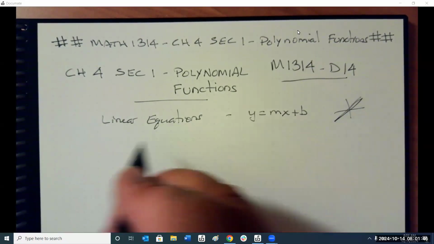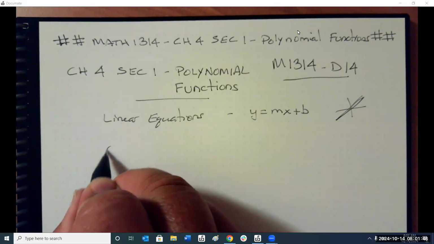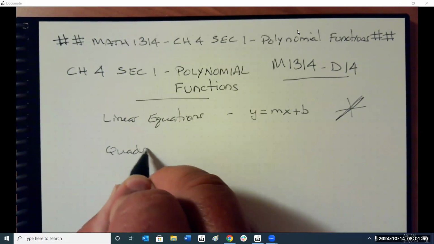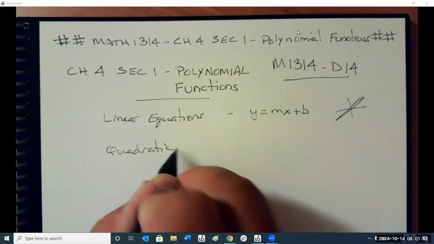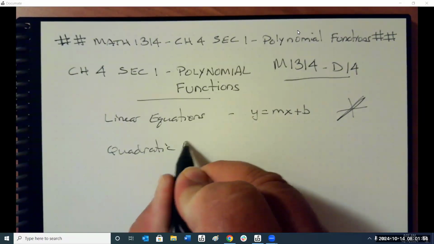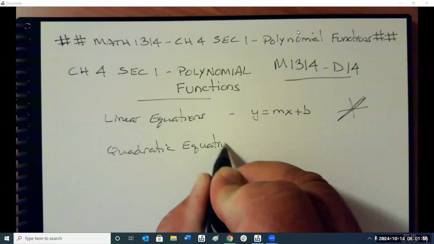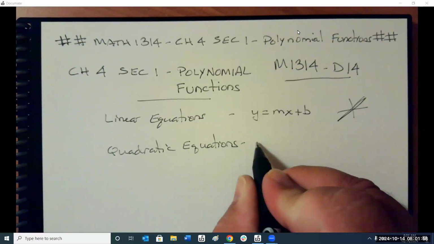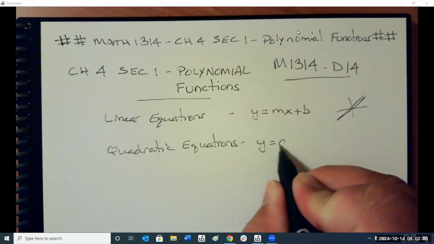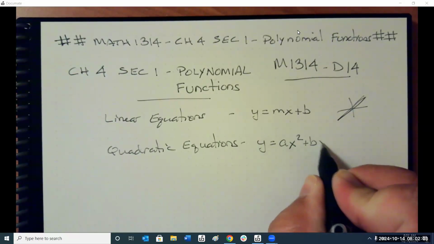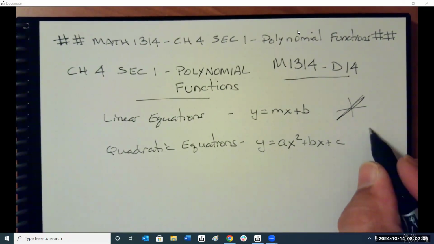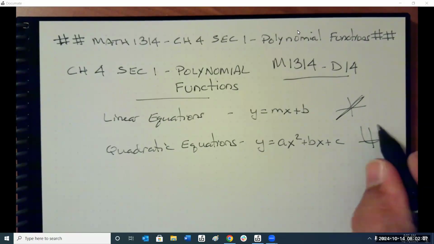Then we moved to quadratic equations, and those had this form, ax squared plus bx plus c. And they look something like this.